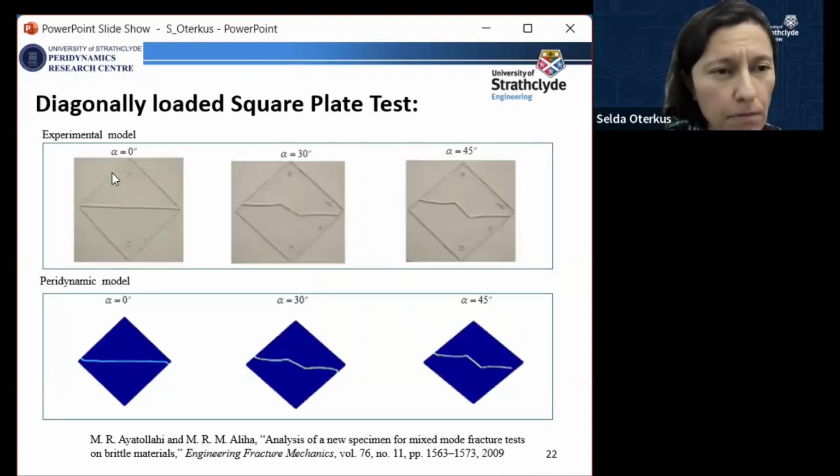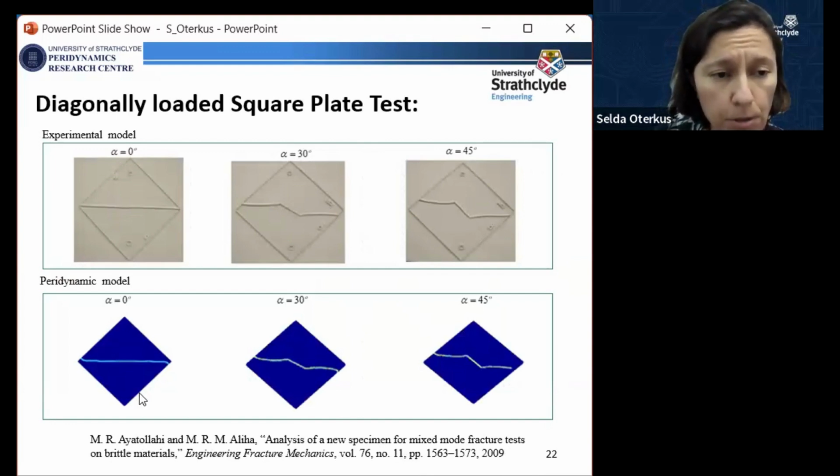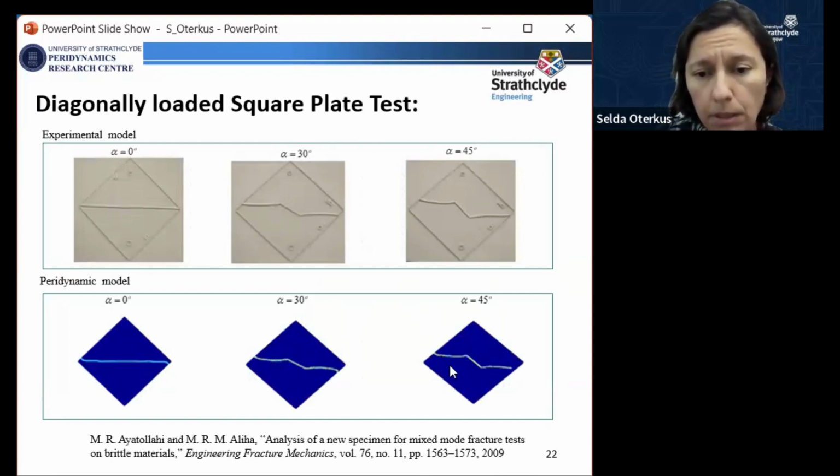Here at the top, you can see when the angle is 0 degrees, 30 degrees, or 45 degrees, they observed different fracture patterns in their PMMA material. And we did the same simulation using our peridynamic methodology, implemented the material behavior, put in the initial cracks, and as you can see, we capture very similar crack patterns.